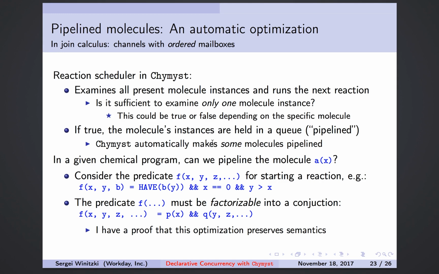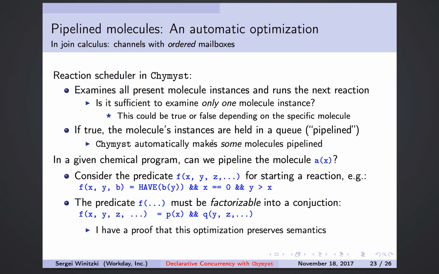But in some cases, it is sufficient to examine only one molecule instance of C, for example. This could be so for one molecule and not for another. It depends on the specific chemical program that is defined, and for each molecule it could be different.